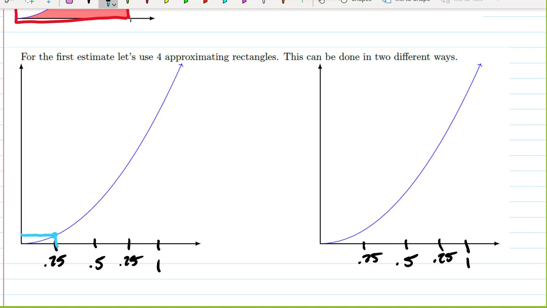So now I could make some rectangles by going up to the curve and then drawing a rectangle with that height. So I go up to the curve, and then I make a rectangle with that height. I go up to the curve, and I make a rectangle with that height. And I go up to the curve, and I'm going to make a rectangle with that height.